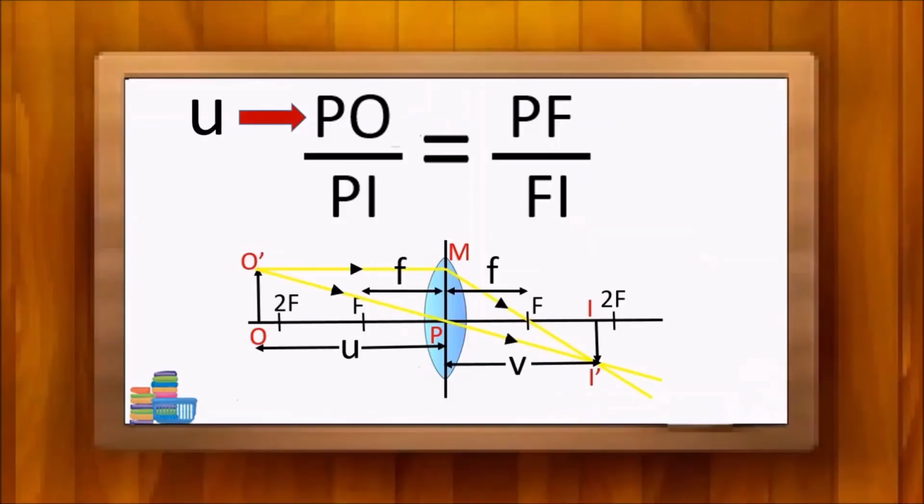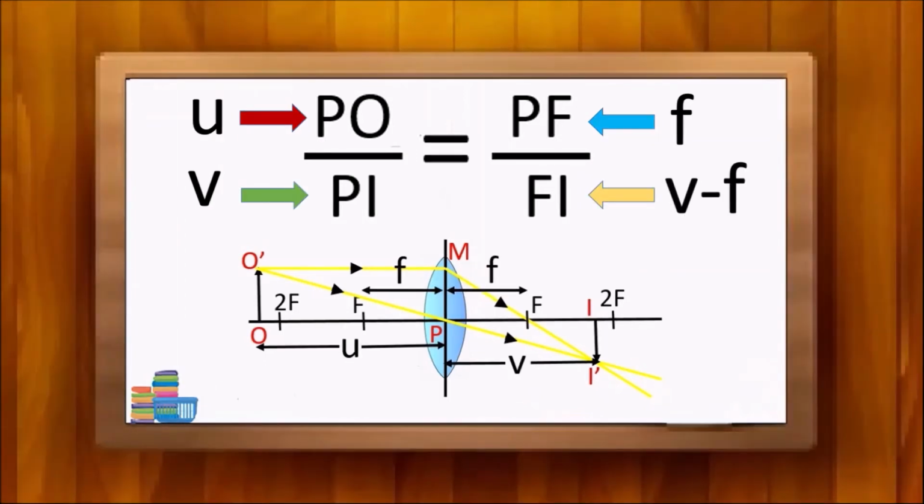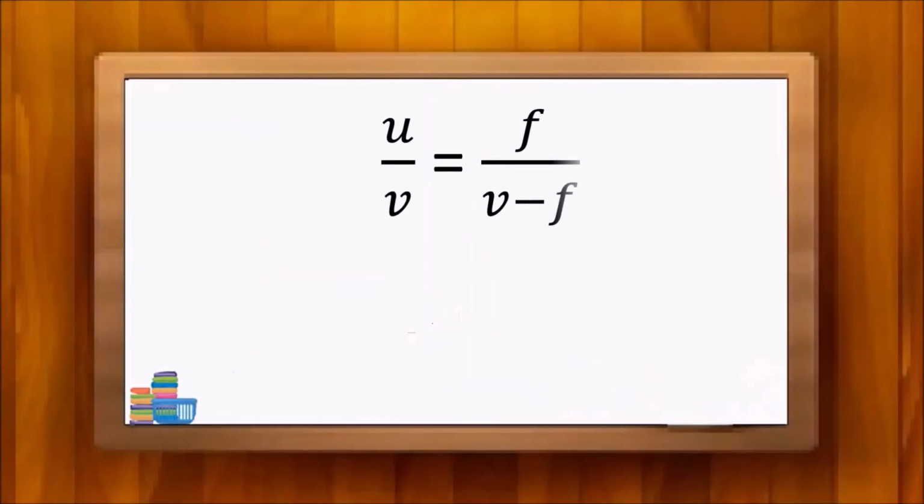Let's take PO as U, which is the distance from the lens to the object, and PI as V, which is the distance from the lens to the image. PF equals F, which is the focal length. Then FI equals V minus F. I'll substitute these values in this equation. U over V equals F over V minus F. Then I'll solve it.